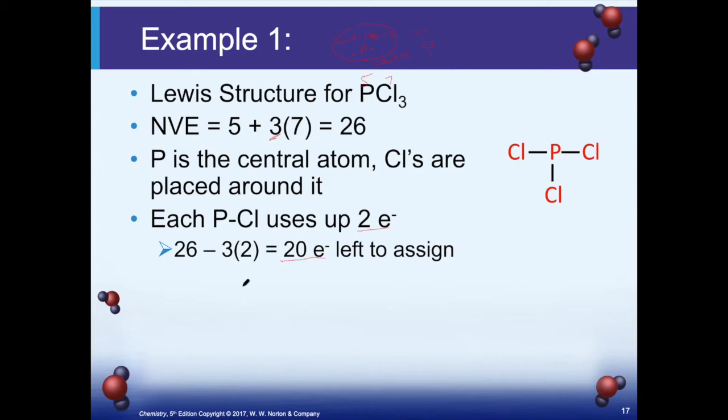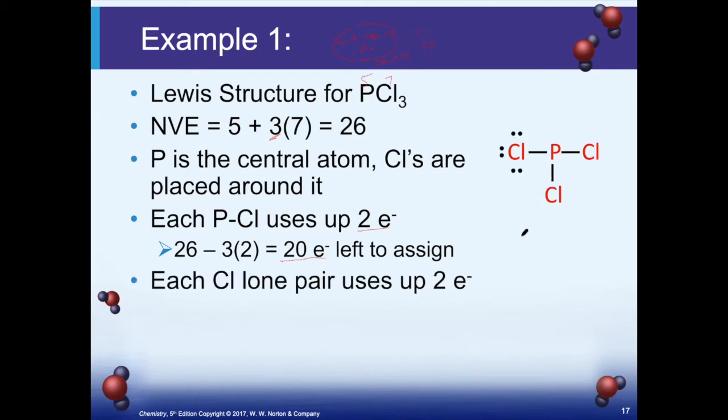If you're following the step-by-step, the next thing it says to do is to put lone pairs around these chlorines to make them have their octet. So I'm going to do that for each one. Now every chlorine has an octet. By the way, these 2 electrons, you can assign them wherever, because remember they're shared.